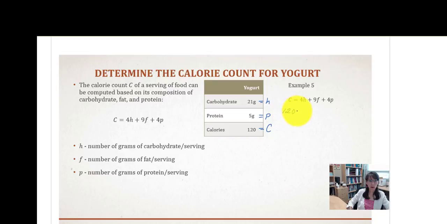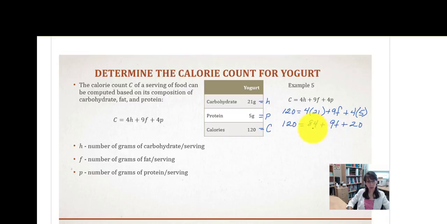So I have 120 equals 4 times 21 plus 9 times F. Notice we were not given F, so we need to keep that variable. Last, we have addition of 4 times protein, and that was 5 grams. So 120 now equals 84 plus 9F plus 20.